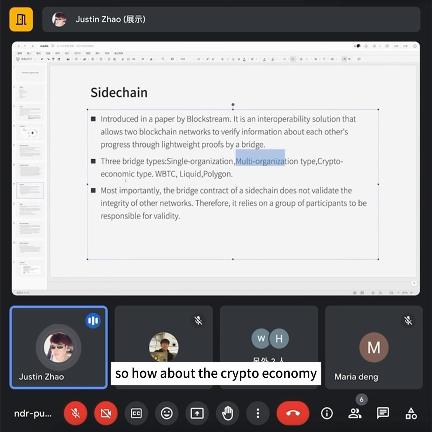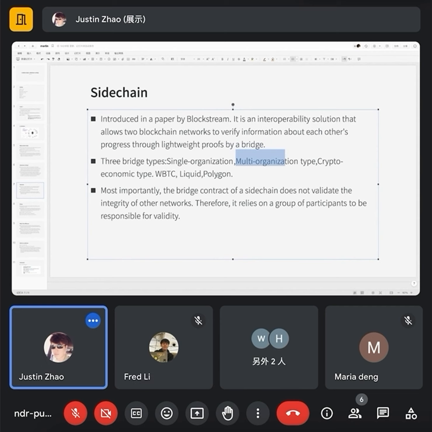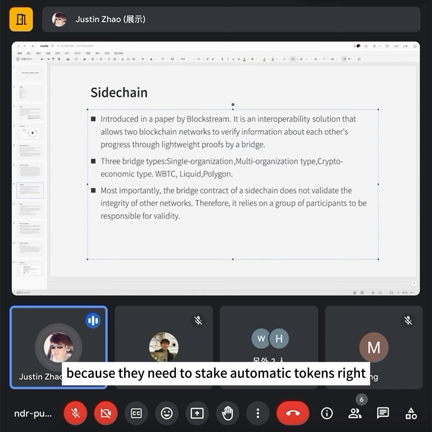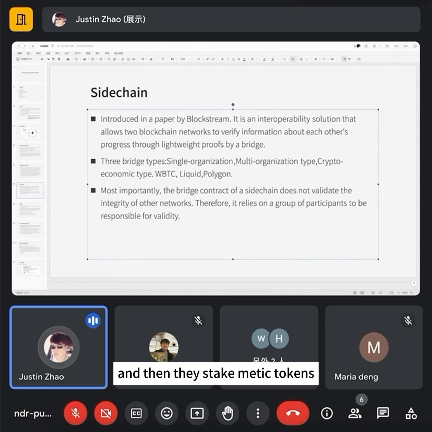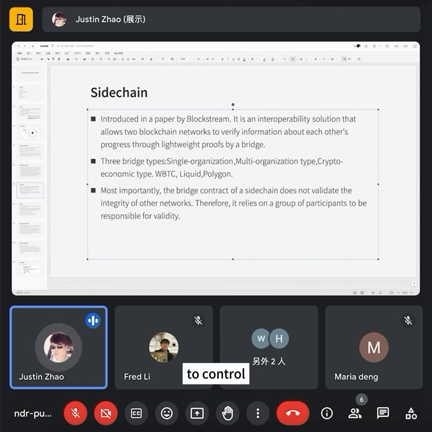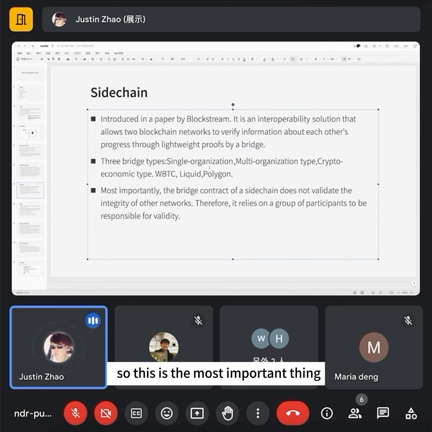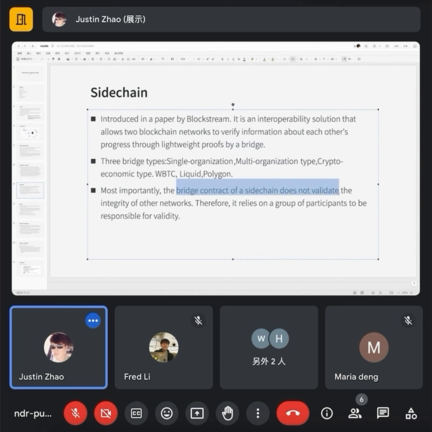So how about the crypto economic type? For example, Polygon. The Polygon nodes need to stake MATIC tokens, and then they have the right to control the pegged native asset. So this is the most important thing: the bridge contract of a sidechain does not validate the integrity of the layer 2 network.